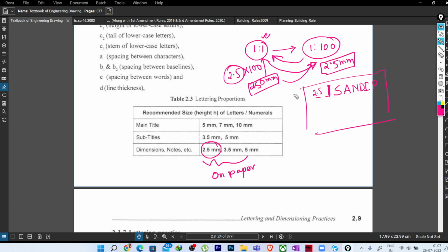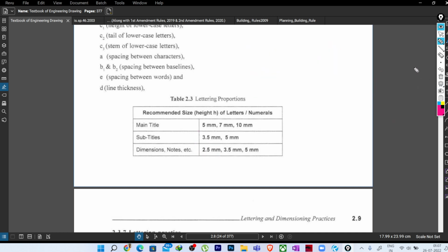It will be visible as 2.5 mm in our printed sheet. Okay, so these are the things we will be following. Actually, I'm not going very deep into these things, because these can be covered very easily in the software itself.